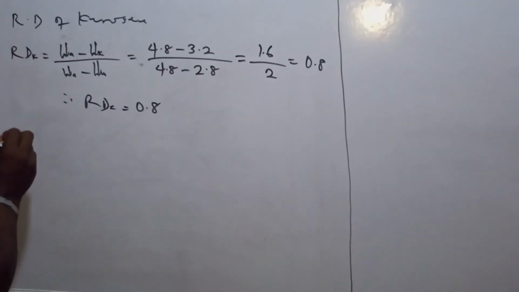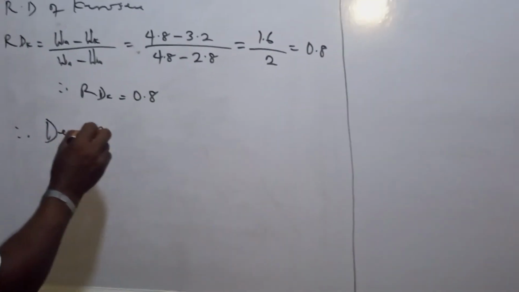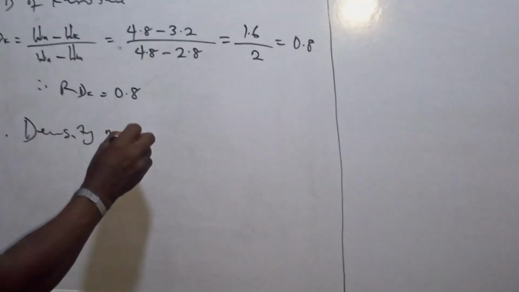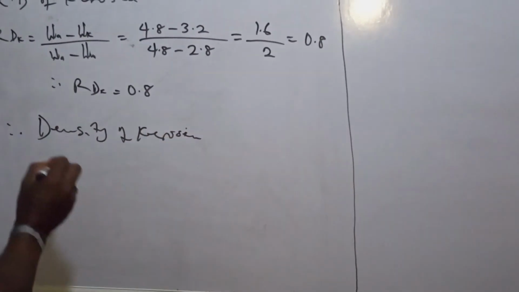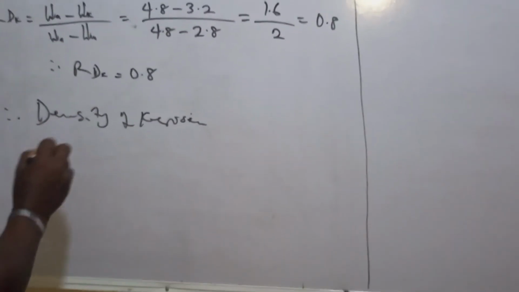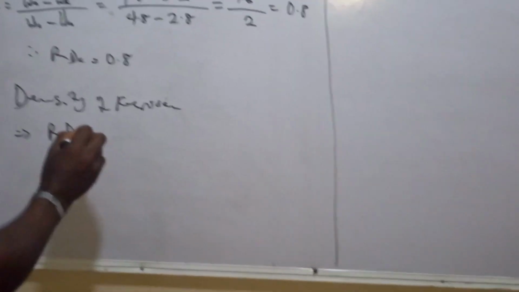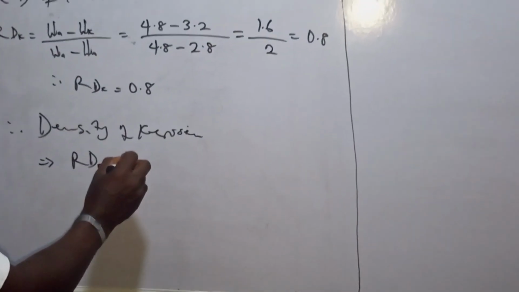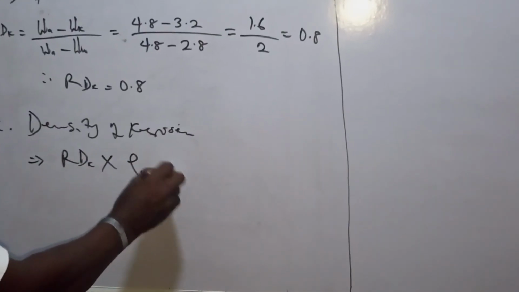Now, density of kerosene will be relative density of kerosene multiplied by the density of water.